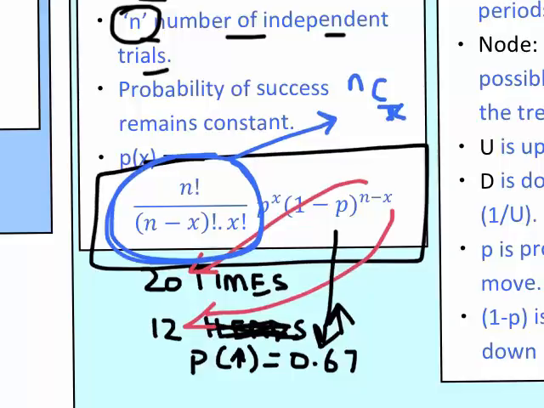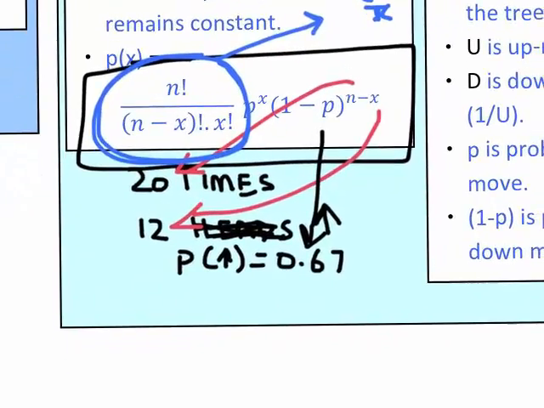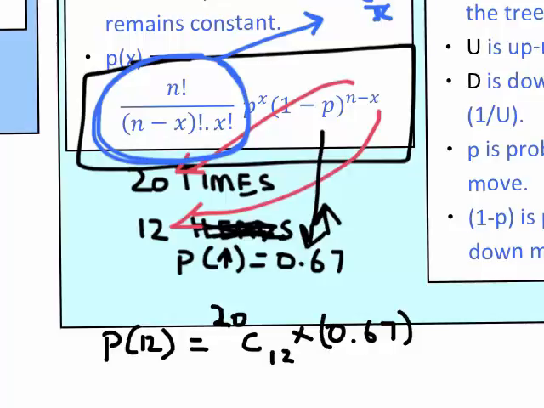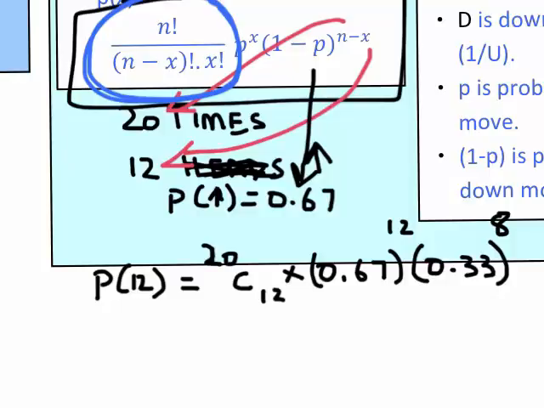So let's try to solve this question. Let's see the answer that you get. Probability of 12 is 20C12 times 0.67 raised to power 12 times 0.33, which is 1 minus 0.67, raised to power 8, which is 20 minus 12. Let's solve this.